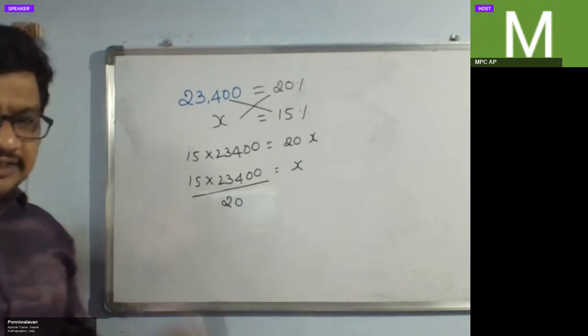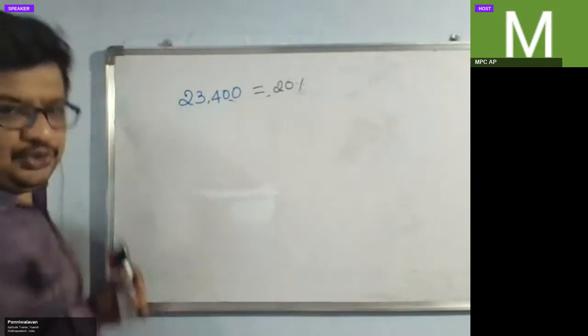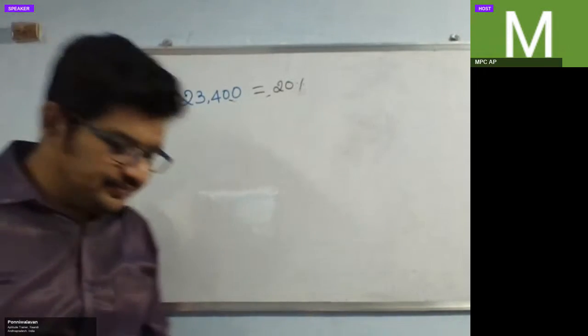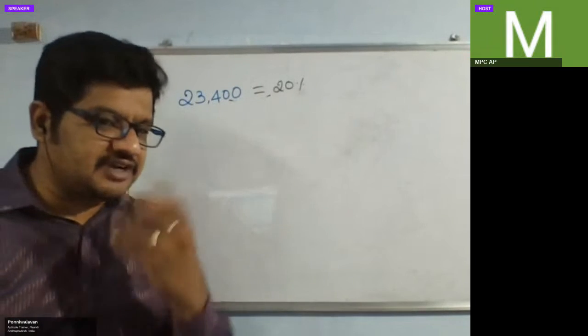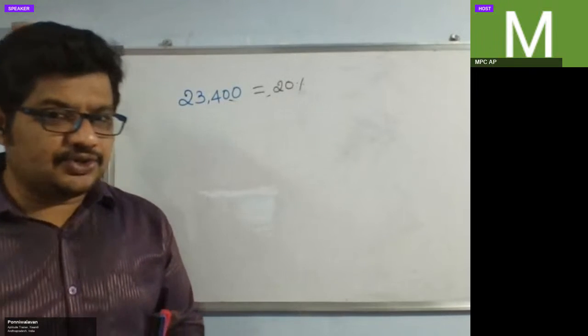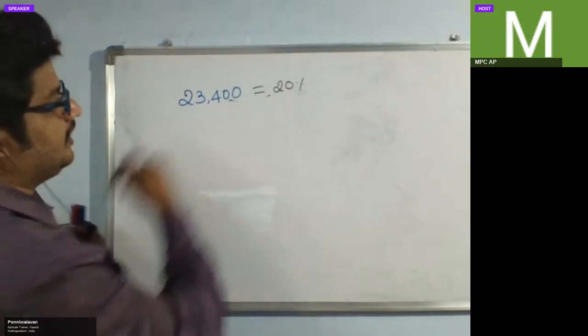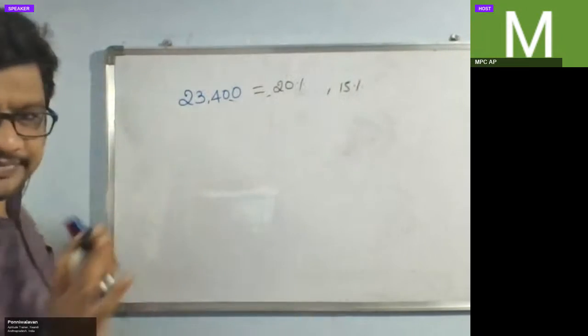Otherwise, listen to what I used to do, because I am not that comfortable with multiplication. 20% is given, so we need 15%.